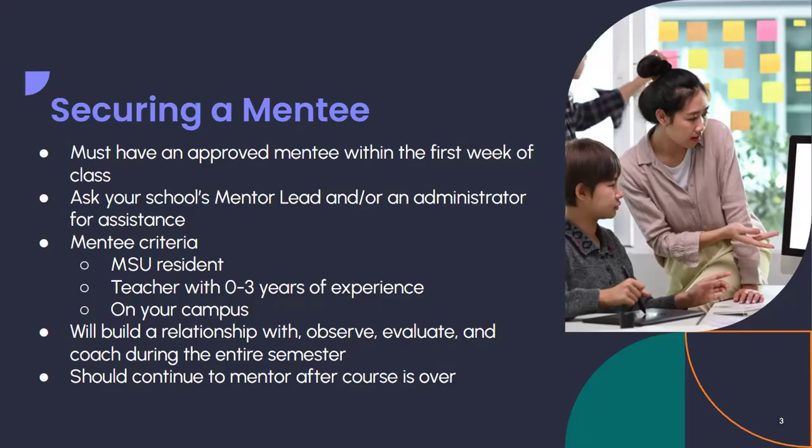Because in that case, it would be a wonderful way to develop a relationship with someone new to the school. If you go to your mentor lead, you go to your administrator, and there really is no one on your campus, then we may have to look at someone at another school that's near you. Not ideal, but it does happen from time to time.